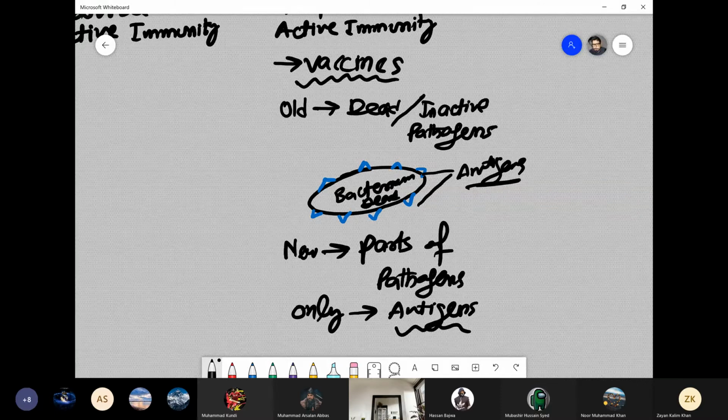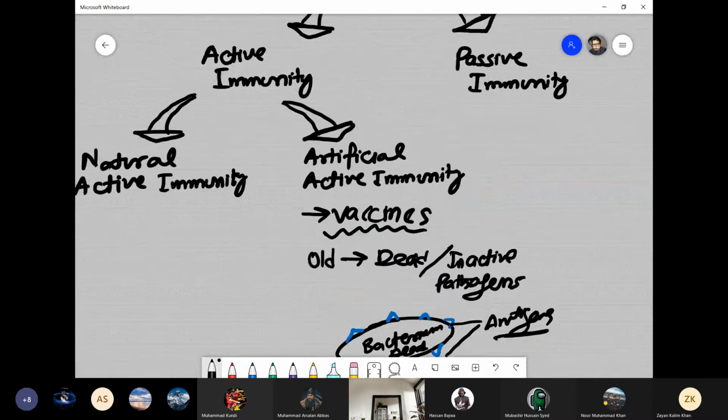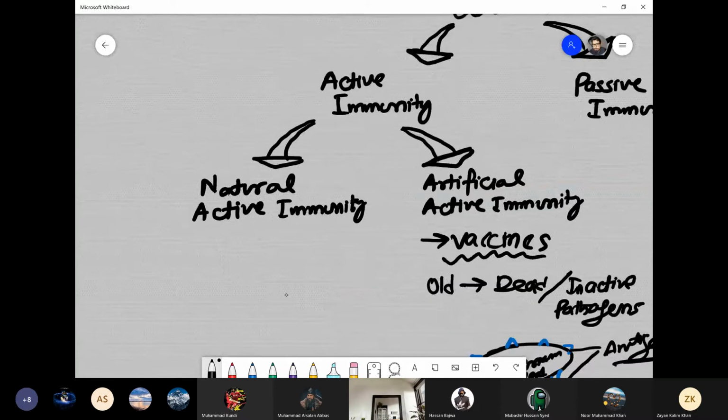So when the antigens go inside the body, they are not part of our body. So the white blood cells will produce antibodies against them. They will produce the plasma cells. They will produce the memory cells. Another thing, boys, is that this active immunity is a long-term immunity.